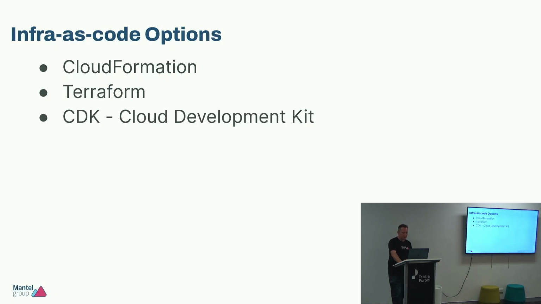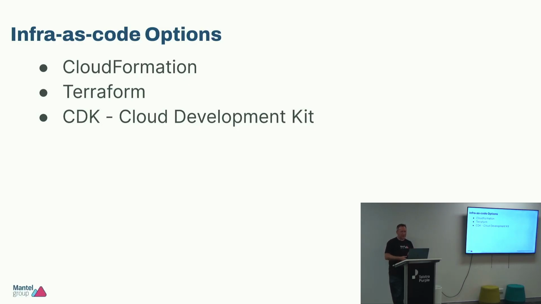So I've looked at a few infrastructure as code options. CloudFormation is kind of AWS's version of ARM templates. Lots of markup, really not that friendly. Terraform's the bigger and more popular one. That helps you a bit, but it's still markup code, it's not real code.